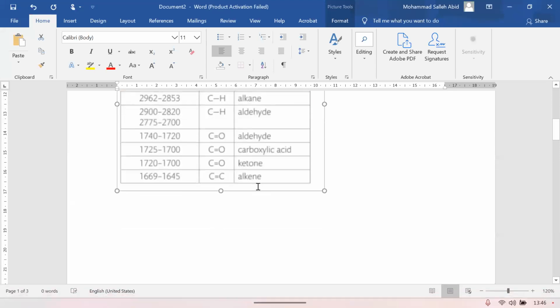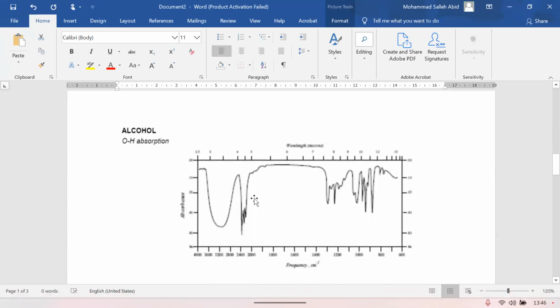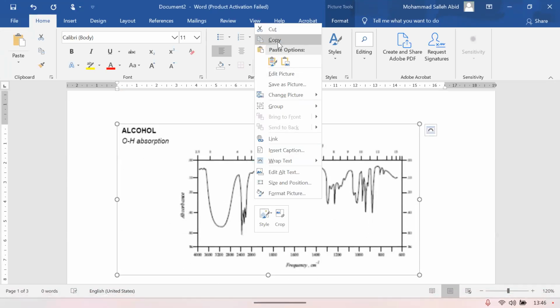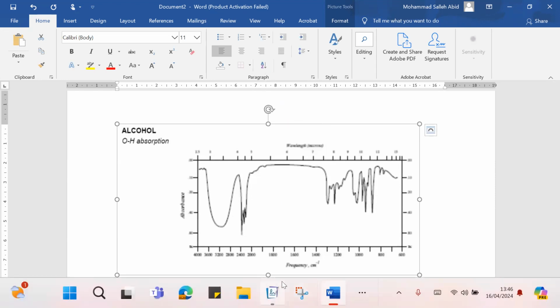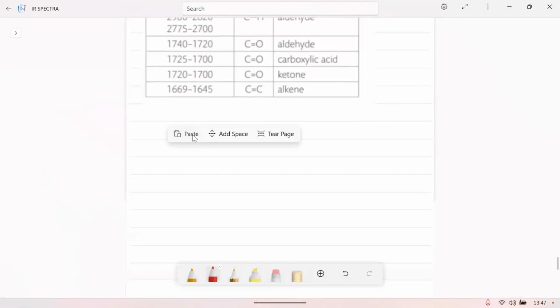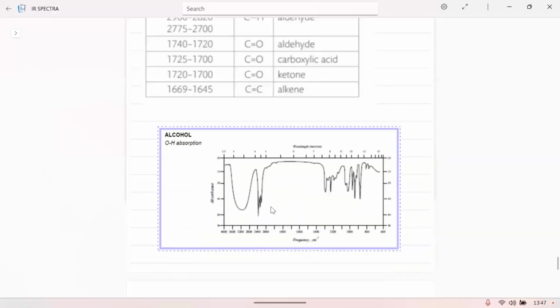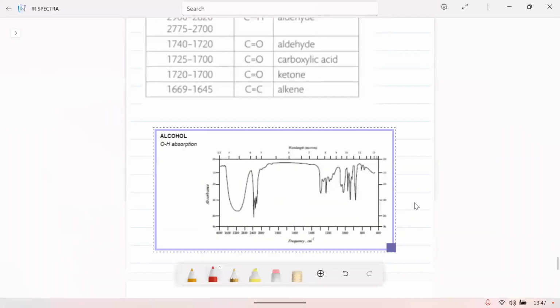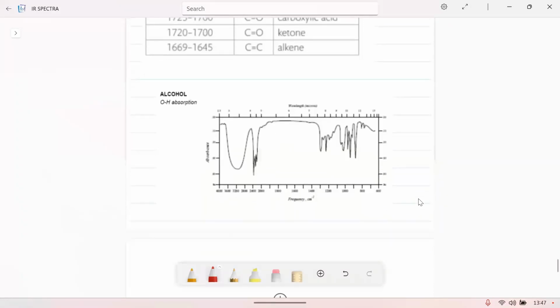So let's say I have this molecule spectra. This is a spectra of an unknown molecule, and I want to find out what is this functional group. Basically, I'm identifying the functional group.